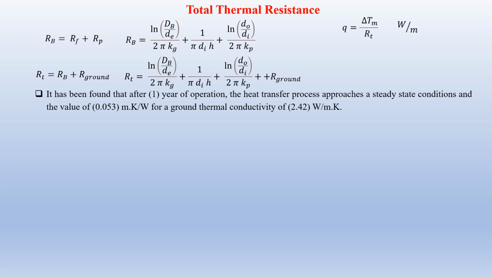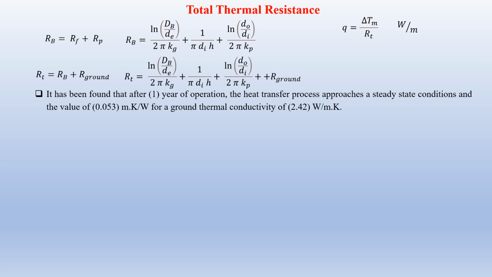To get the wattage per meter of the borehole heat exchanger, Q equal to delta T mean divided by R total. And R total has been found from the summation of all the thermal resistances.